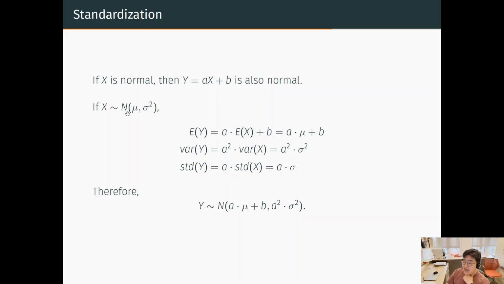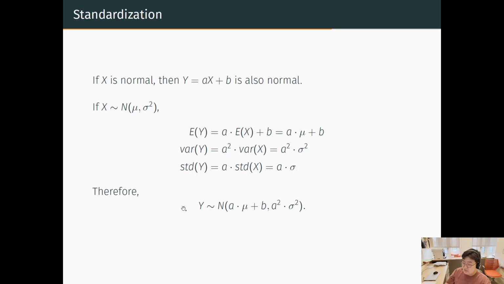Anyhow, if x is normal distribution with parameters mu and sigma squared, then the new random variable y will have this mean and variance. Mean will be a mu plus b, variance will be a squared sigma squared, right? It's pretty straightforward.